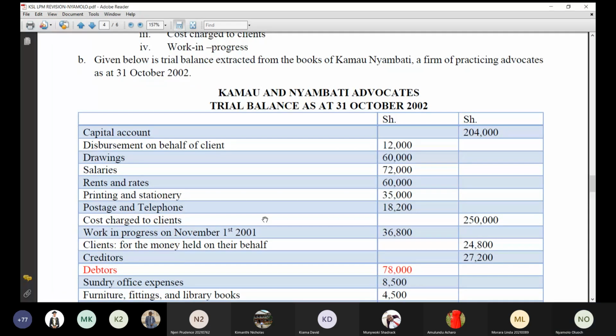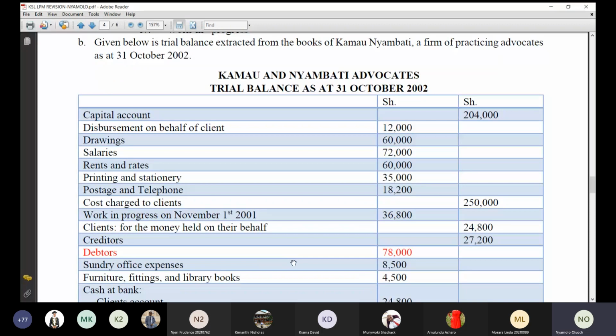Salaries, rent and rates, printing and stationery, postage. You can see that my capital is on the credit, that are the rare side, while these others are on the debit. Cost charged to clients is a credit. From there, we should already be knowing what is this thing they are calling cost charged to clients. Work in progress, November 1st, 2001.